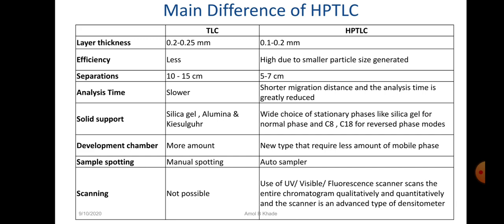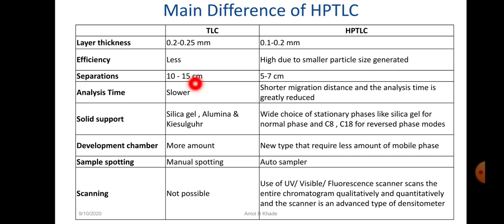The thickness of the stationary phase in conventional TLC is usually between 0.2 to 0.25 mm, whereas in HPTLC we can still minimize the thickness. We can make a thinner coating of stationary phase ranging from 0.1 to 0.2 mm. As we decrease the thickness of the stationary phase, the speed of analysis will improve.